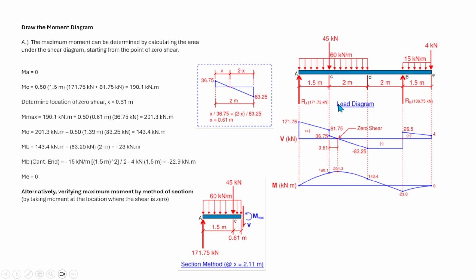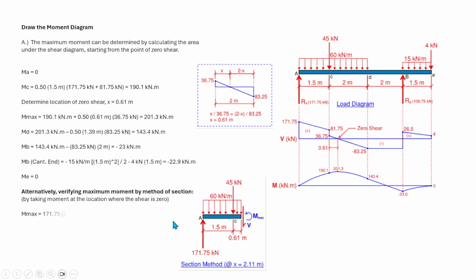So if we extract the beam from point A to 2.11 meters, from here to there where the shear is 0, we have the shear and we have the moment.